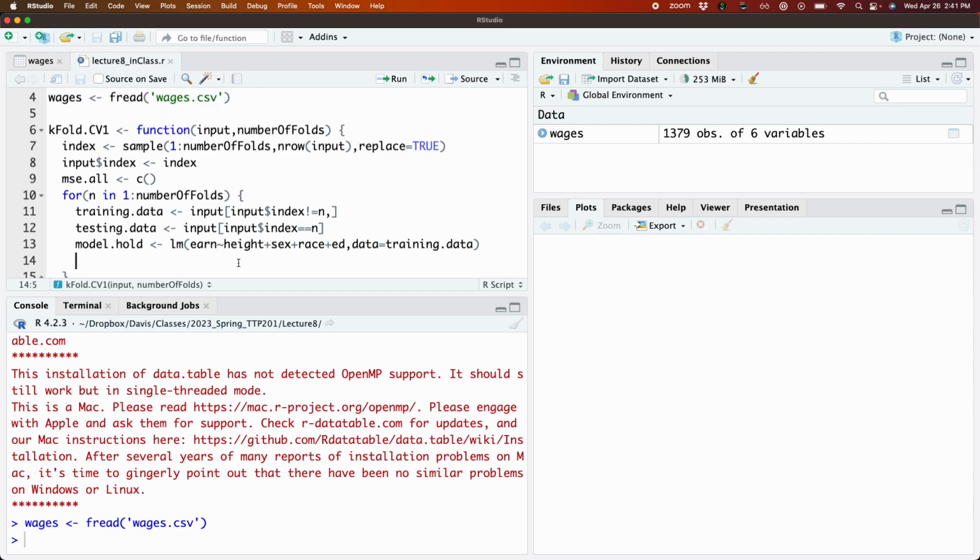And note that we are not running this regression on our full data set, we are only running it on the training data.